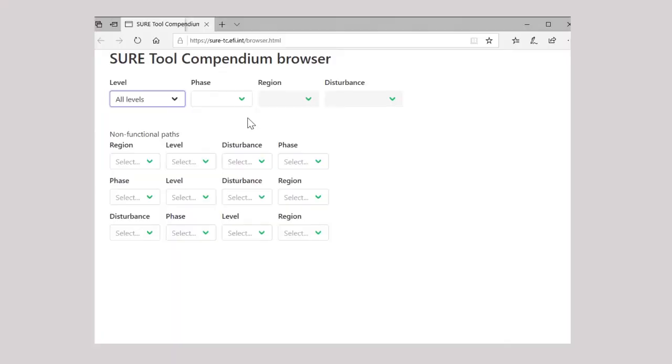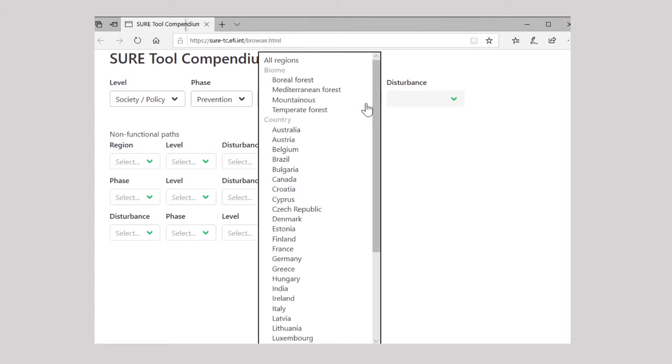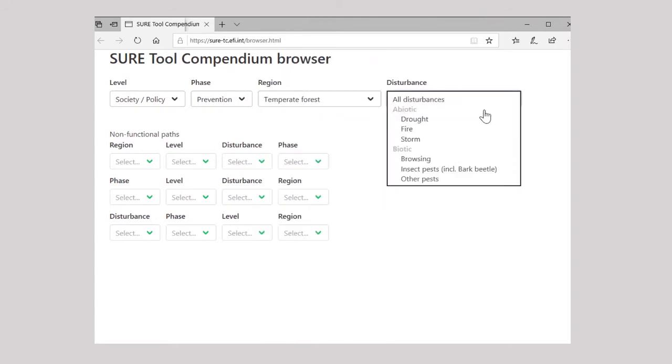One can search based on the level of interest, so for example, forest or enterprise level. One can also choose the phase of the disaster risk management: is it prevention, preparedness, or reaction? One can also filter based on the region or the disturbance of interest.